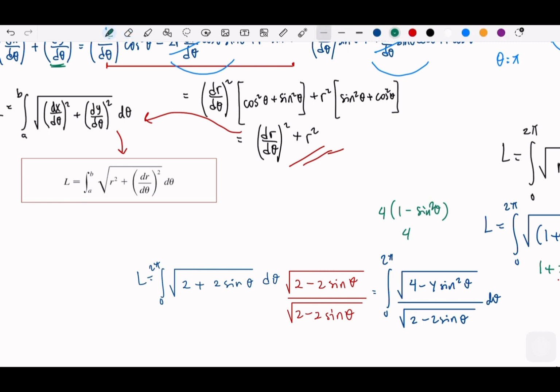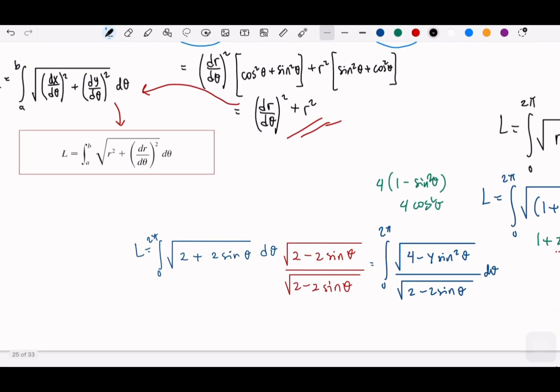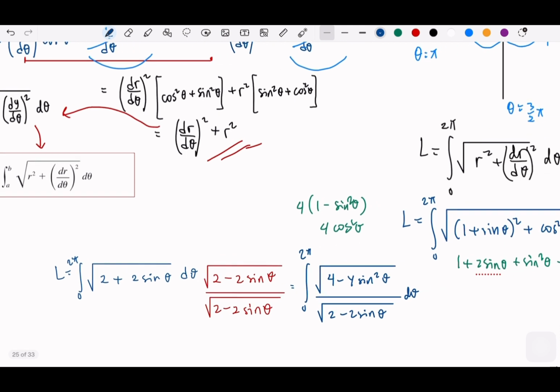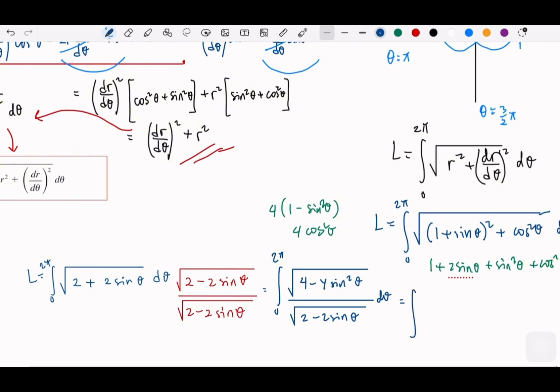So this will be 4 cosine squared theta, and it's still in a square root, and we can remove the square root and write this as 2 cosine theta, and then we have this. And then you can use substitutions.